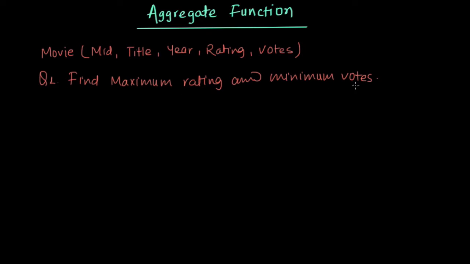This is a database of Bollywood movies till 2014, and the first query is to find the maximum rating and minimum votes which we have gathered in our database. Using our aggregate function, it's very simple to write.